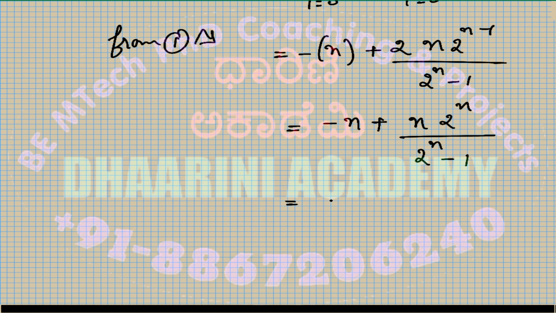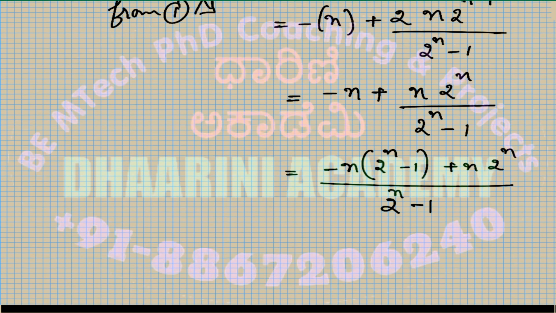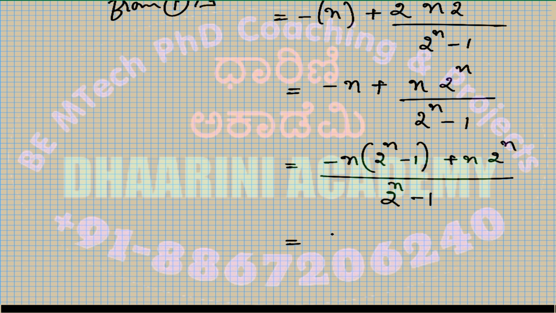So this means minus n multiplied with 2 to the n minus 1 plus n into 2 to the n whole divided by 2 to the n minus 1. So expansion gives you minus n into 2 to the n, minus n into minus 1 is plus n, plus n into 2 to the n whole divided by 2 to the n minus 1.